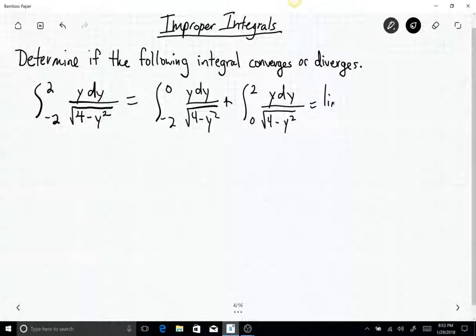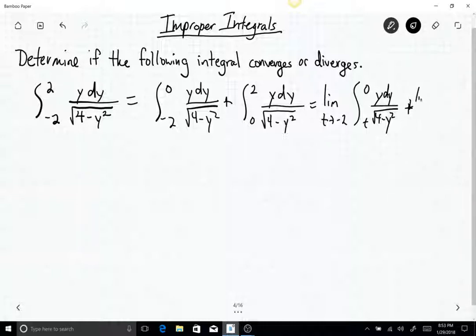So with our limits, you can pick your favorite letter other than y in this case. So I'll do the limit as t approaches -2 of the integral from t to 0, because now we're approaching that value. We don't have to worry about it anymore. So we have y dy over the square root of 4 minus y squared, plus, oops, need a limit again.